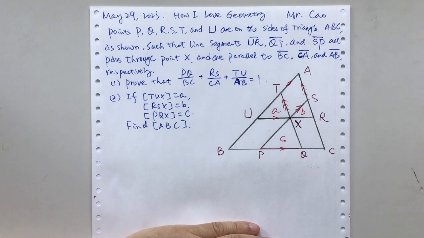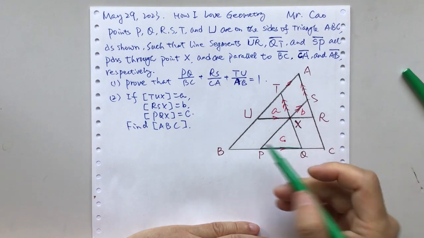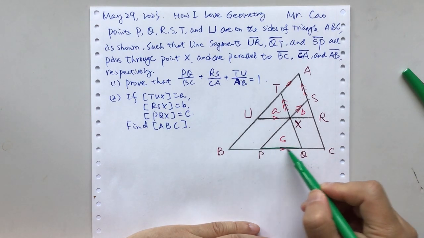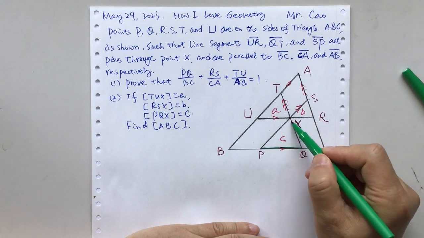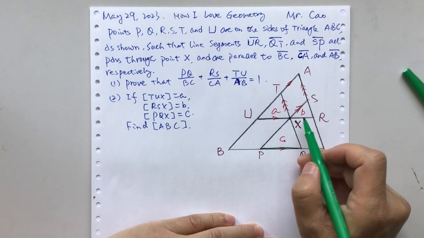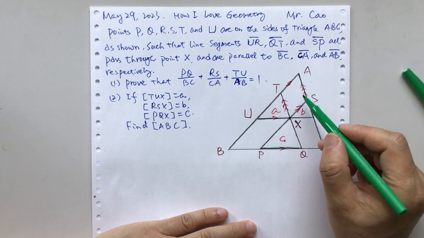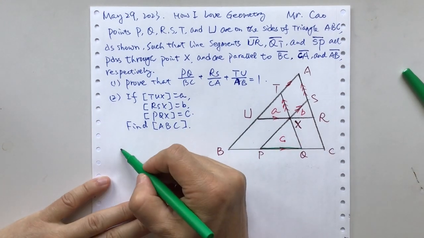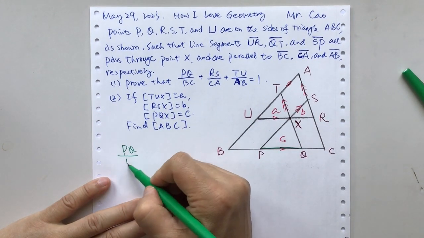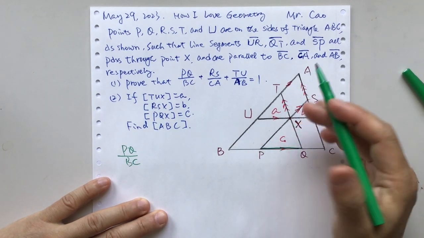First one, here we see PQ over BC. Triangle PQX is similar to triangle ABC, so PQ over BC is just the corresponding part of the similar triangles.